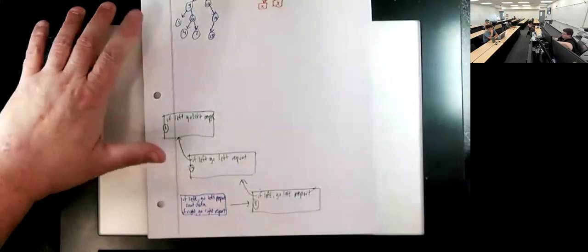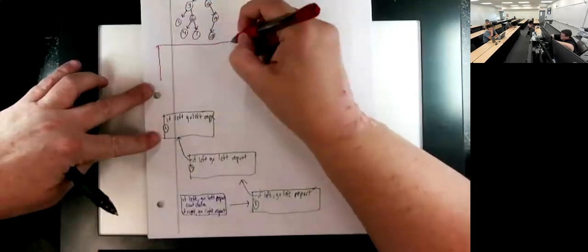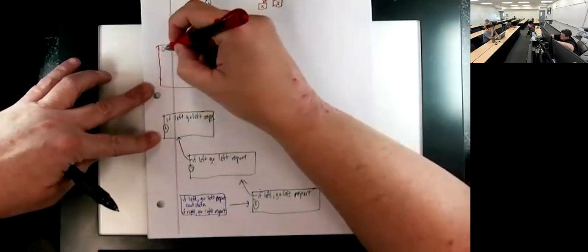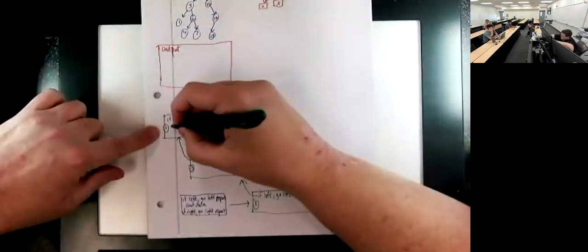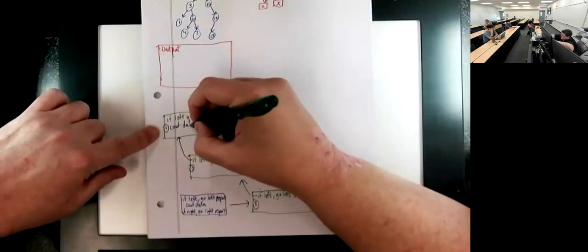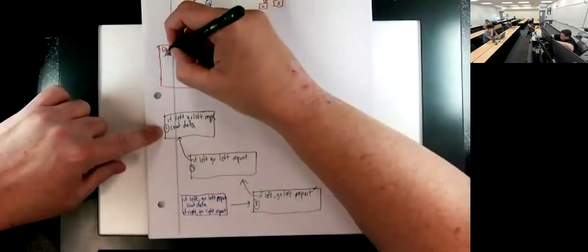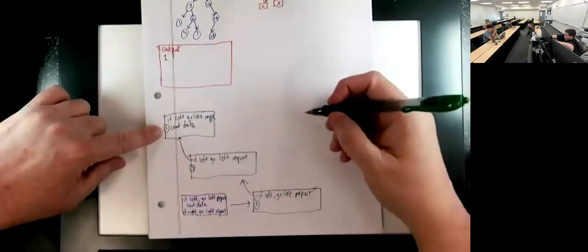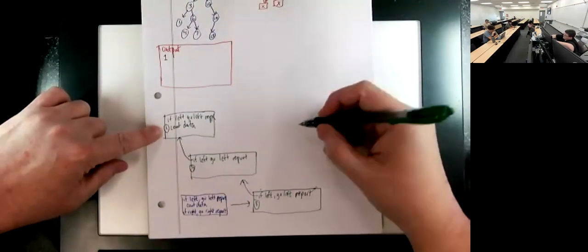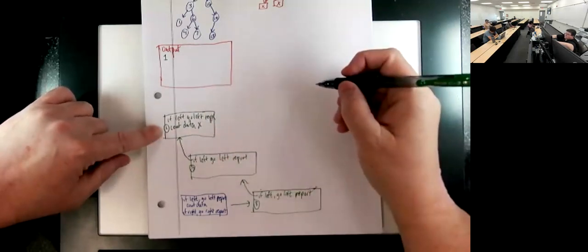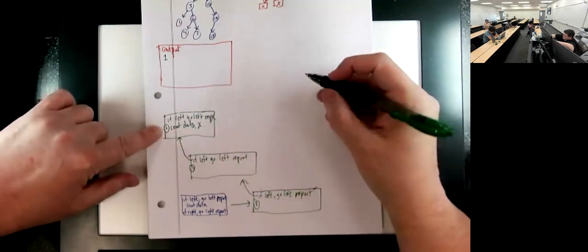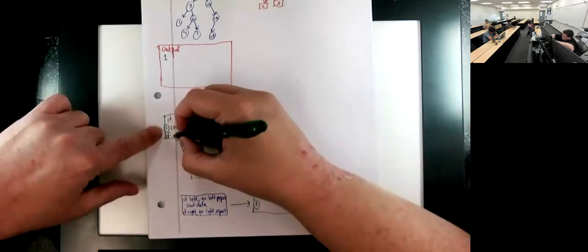Let me make a little output box, like what is it doing with the screen? So now the next line of the code is cout the data, and the data here is the 1. So it's going to print 1. And then it says if right, go right.